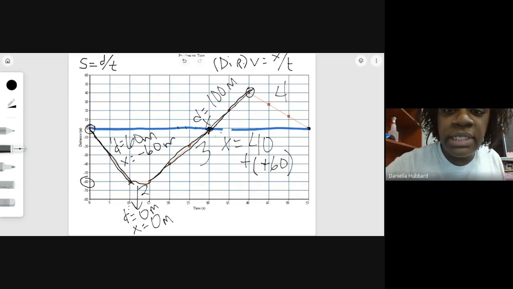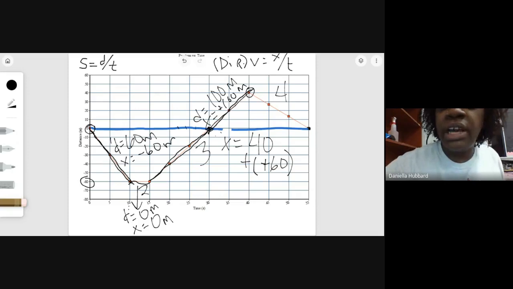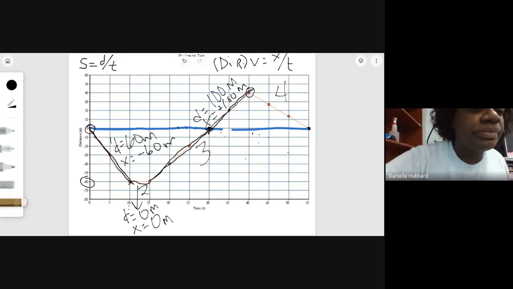So our displacement is also 100, but it's positive, right? Because this whole entire line, even though you have part of it in the negative and part in the positive, we're still traveling overall in the positive direction. Okay, so that's why my displacement is a positive 100.